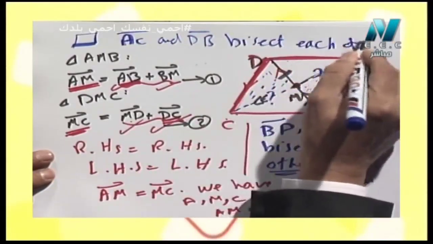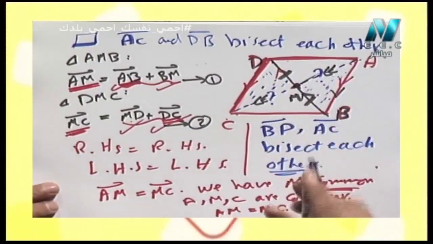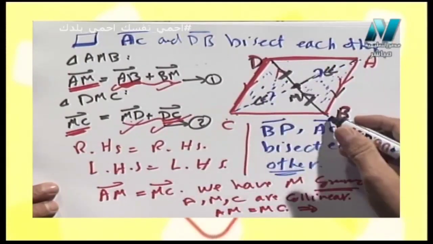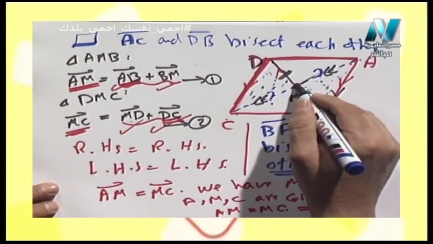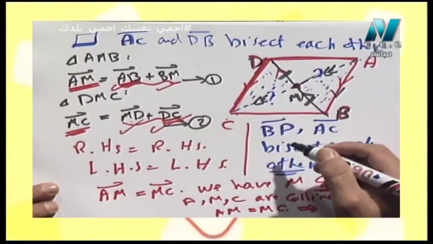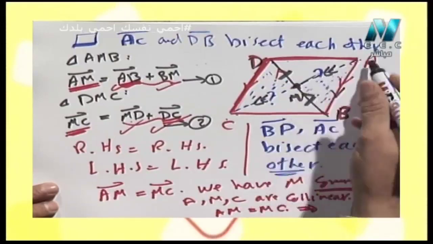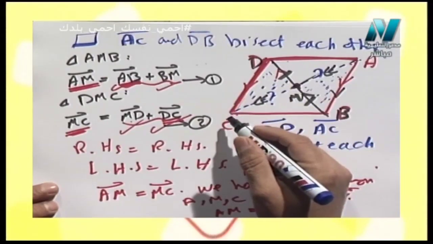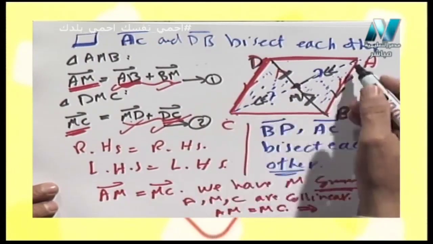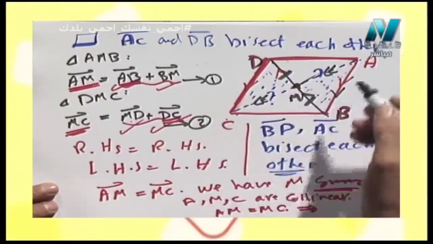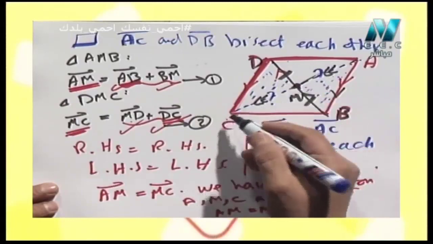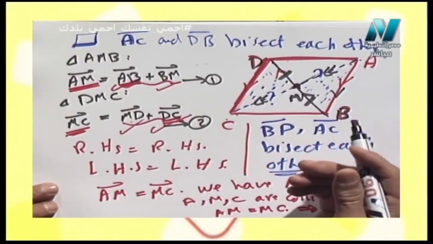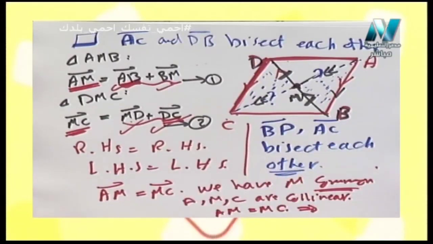DB is the diagonal, and we consider that M is the midpoint of DB, and we join AM and MC as a construction. We didn't say AMC or AC. We just join AM and MC to consider them as separate line segments. Okay. Now we have deduced that the diagonals bisect each other.